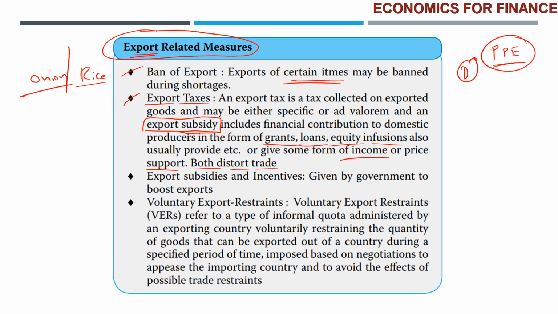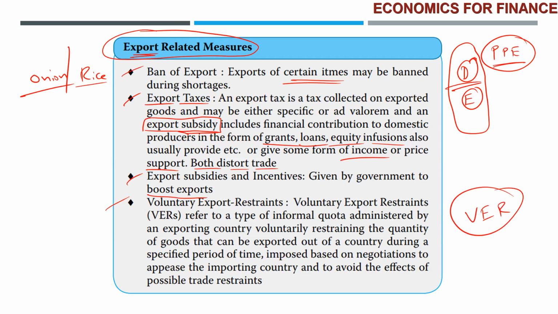Export taxes also will distort the trade, because either government wants to discourage exports or government wants to encourage exports. If these are not given, then the trade would have been different. Because these are given, trade is different. That is why we are saying that these are both possibly distorting the trade. Why are export subsidies or incentives given? To boost the exports.